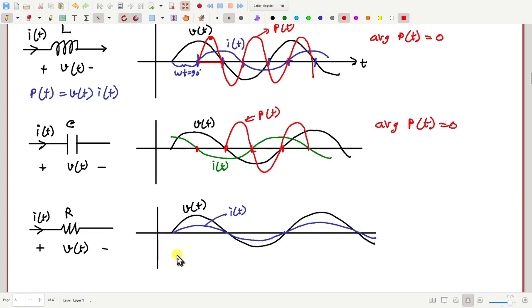We get 0 here, 0 here, 0 here, and in between positive. It will be like this. And again two negative numbers give positive when multiplied, so it will be like this.